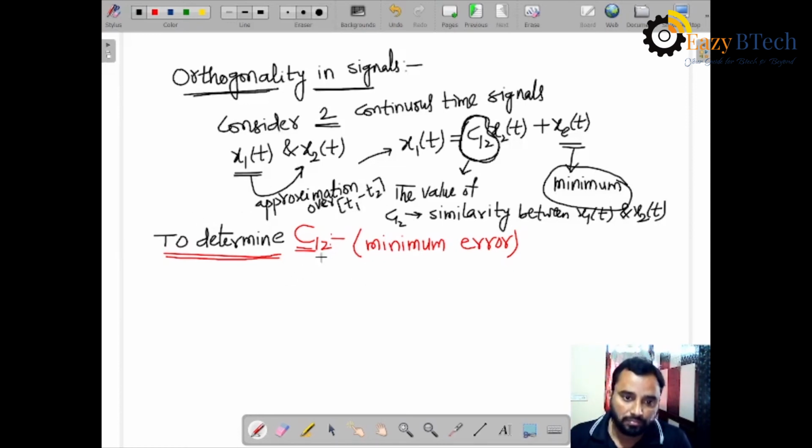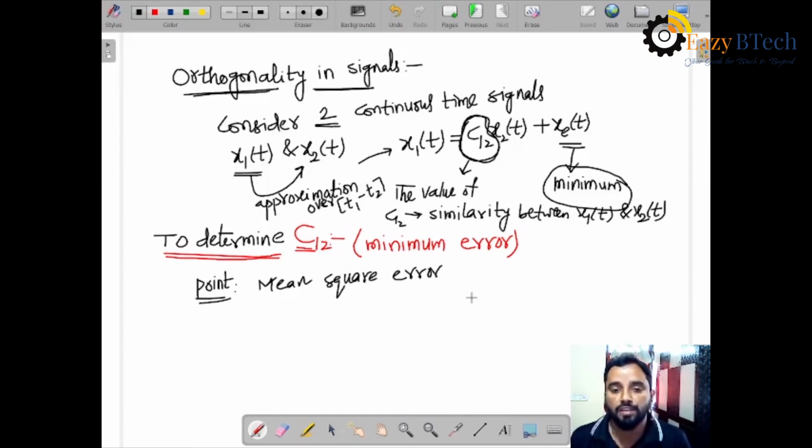Now our aim is to determine C12. So to determine C12, I am going to take one quantity: mean square error. I am denoting this mean square error as epsilon.